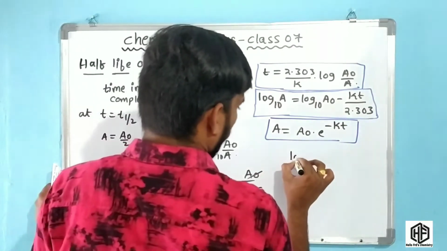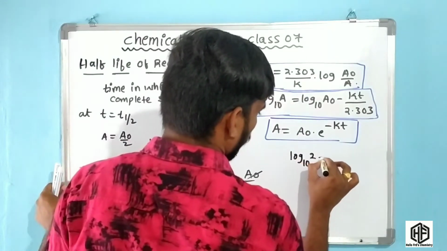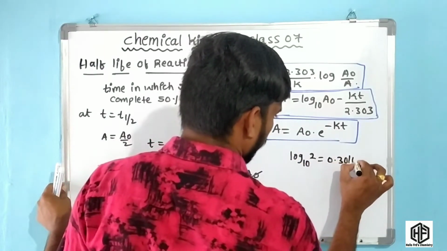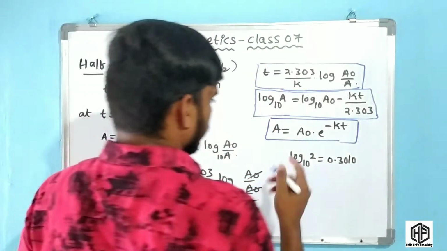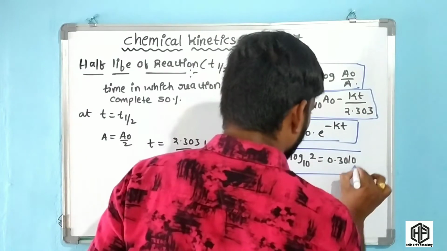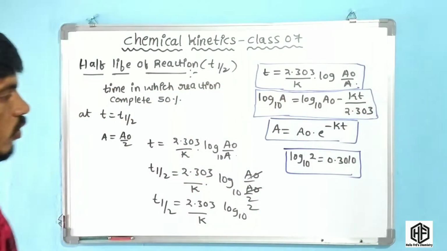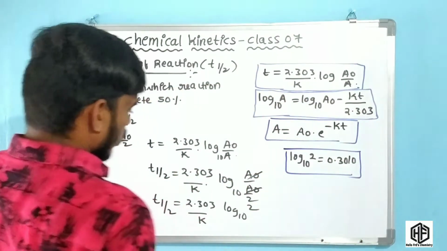Friends, you know that the value of log₁₀ 2 is 0.3010. This is very important, friends. The log₁₀ 2 value is 0.3010.